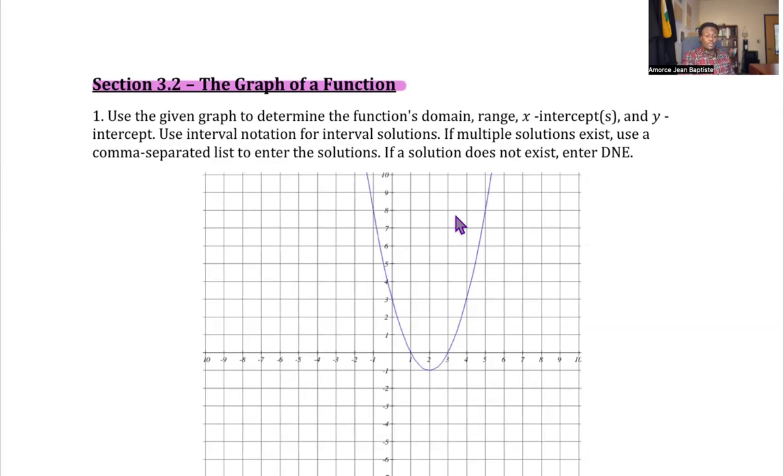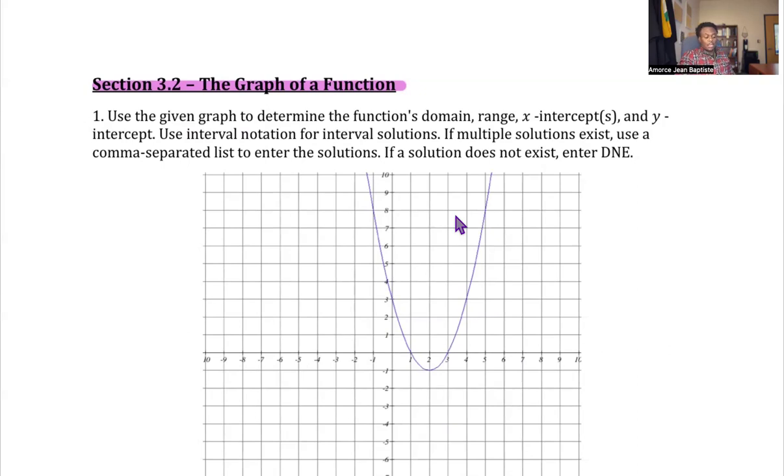We will use interval notation for the answers. Also, if an element is asked to be found and it does not exist, you can just put DNE, and I believe you can also type DNE in caps in MyOpenMath as well. So we're looking at this graph here.